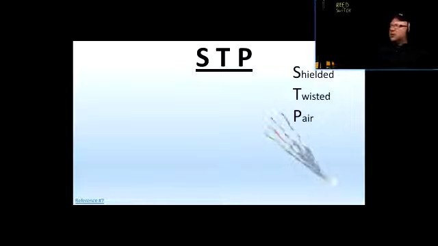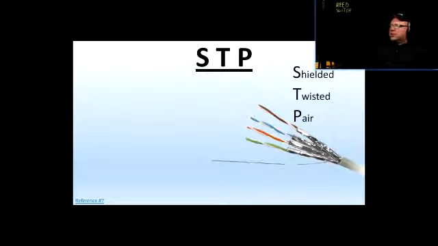All right, now we're going to go into something that's called the STP, which stands for shielded twisted pair. Right? So the pairs are not only twisted, but they are also shielded with aluminum foil, for example. Most of the time, you're going to see aluminum foil.